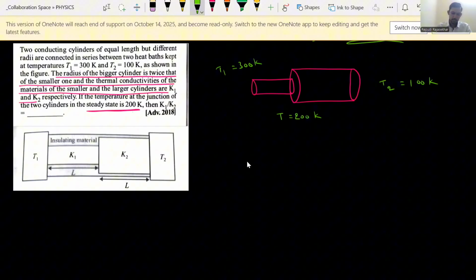Length of the material is same, means whatever the length is from here to here, this one is also having same length. And thermal conductivities we need to get, this is having K1, this is having K2. And area of cross section, the hint given is area of the first rod and area of the second rod we need to write.